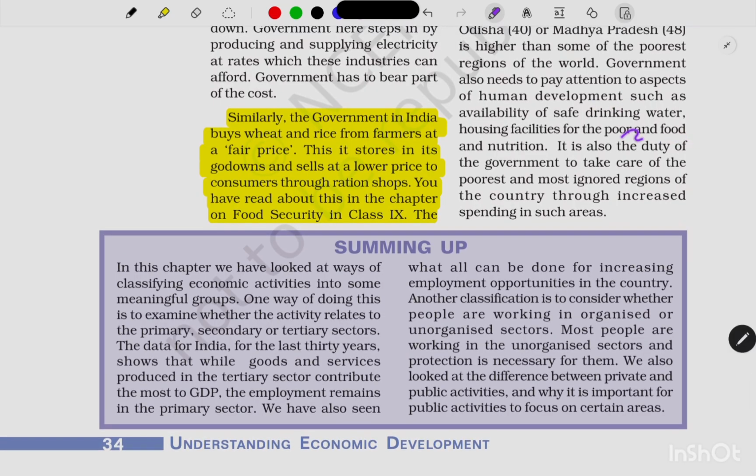So I think it could be a great idea, and food and nutrition should be provided, okay, by the government, not to them, to everyone who is poor, obviously. It is also the duty of the government to take care of the poorest and the most ignored regions of the country through increased spending in such areas.